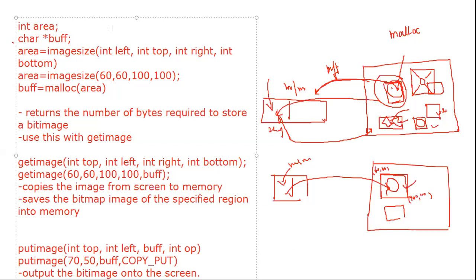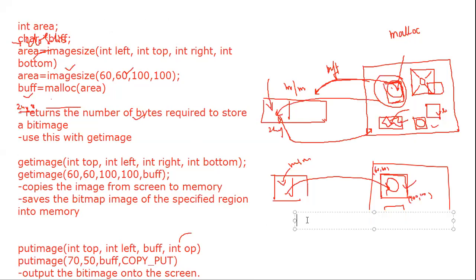So other operations that can be used are, one is copy put, another one is XOR put, you have AND put, you have OR put, and another one is NOT put.